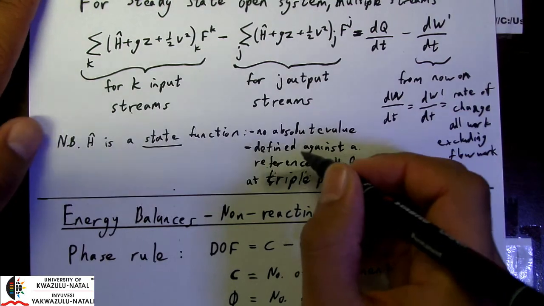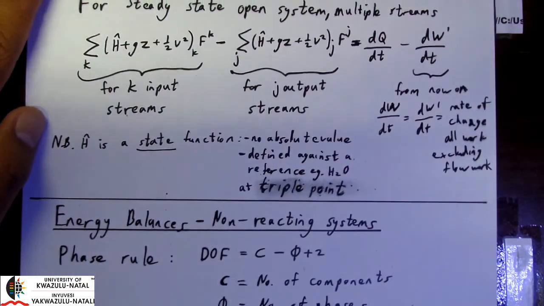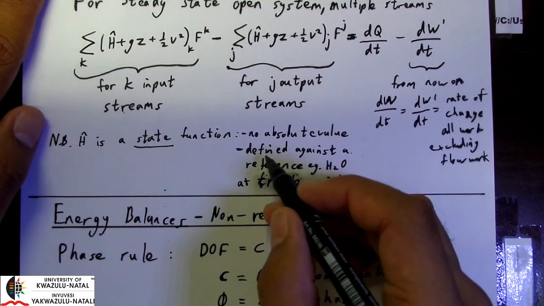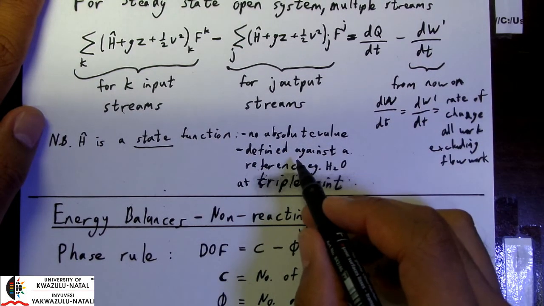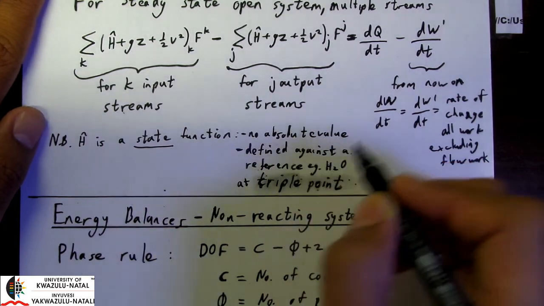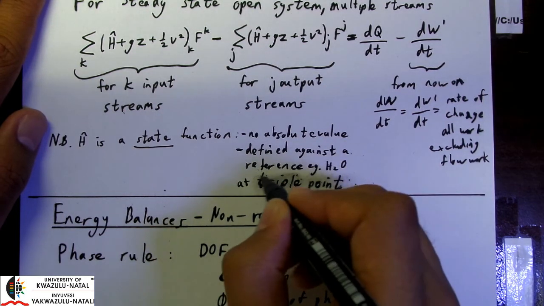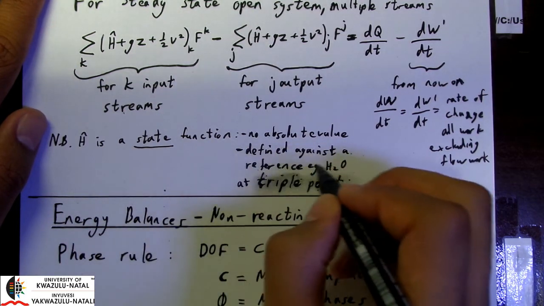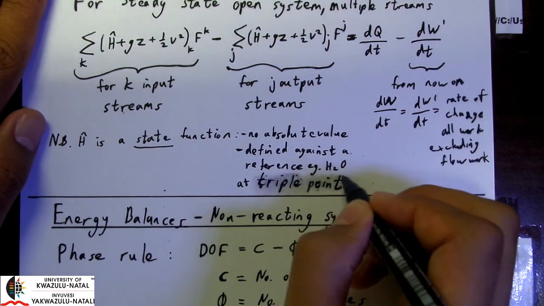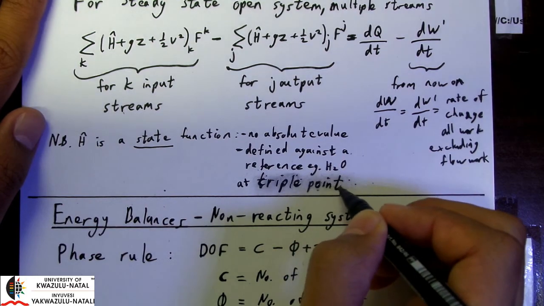So whenever we talk about enthalpy, if the enthalpy of, for example, gasoline is 200, then it means that our enthalpy is 200 times more than that of a reference point. And in this case, we often define our reference point to be water at triple point conditions.